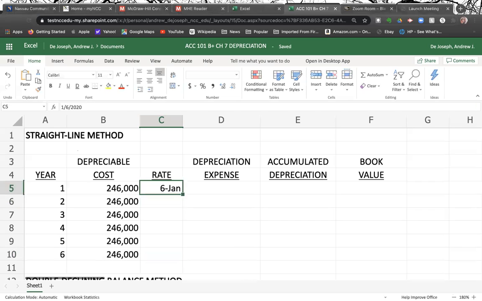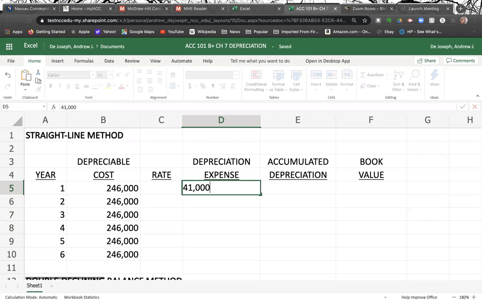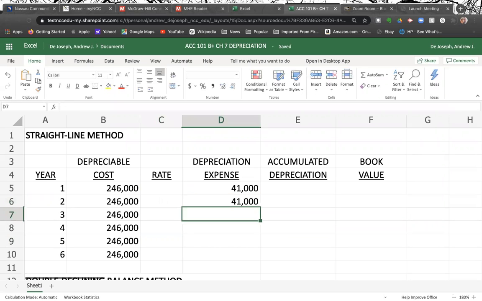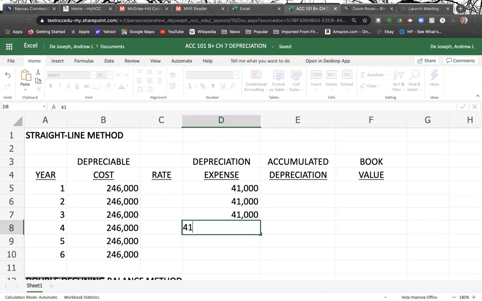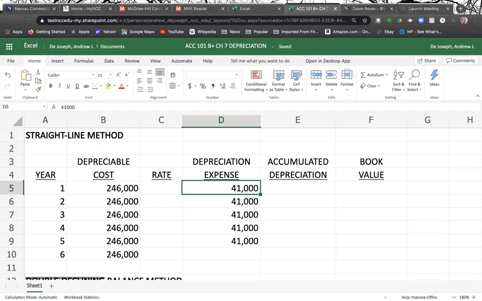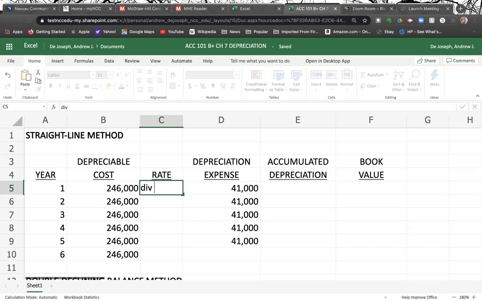Sorry about that. So if we divide by 6, 246 divided by 6 comes out to $41,000. I'm just going to say divide by 6 all the way down.